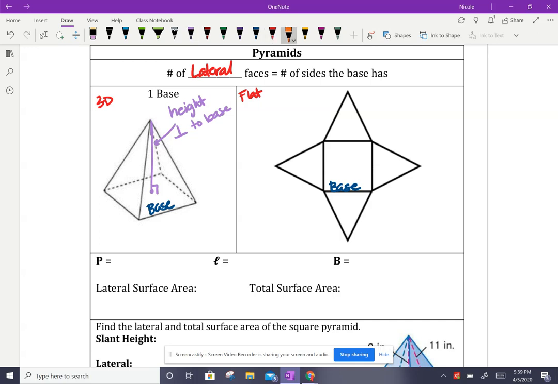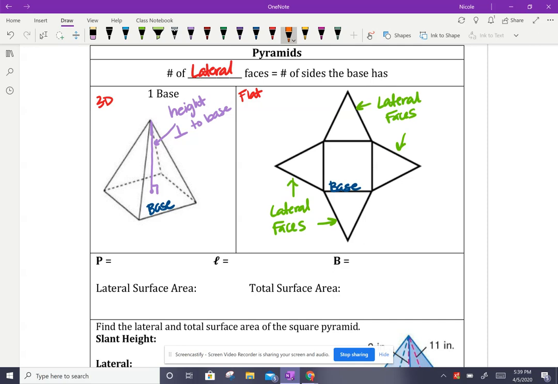And then we have our lateral faces. When you look at the piece that's laid out flat, the lateral faces are basically like the leaves that fold down, or the sides of your pyramid. So those are our lateral faces, and these are lateral faces. And then the one last part that's going to be really important is something called the slant height.